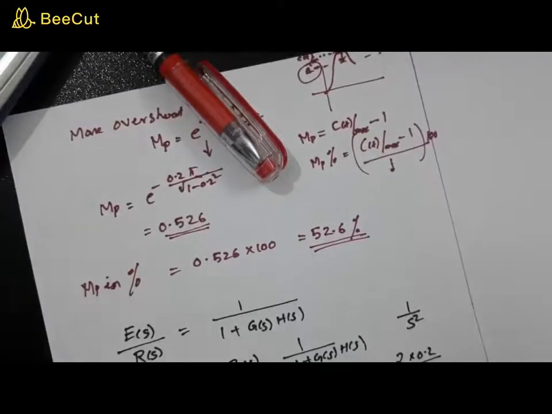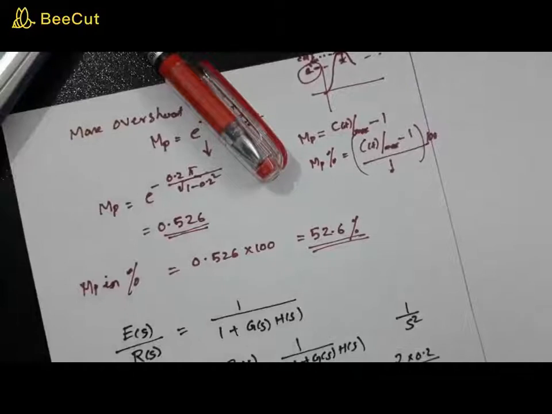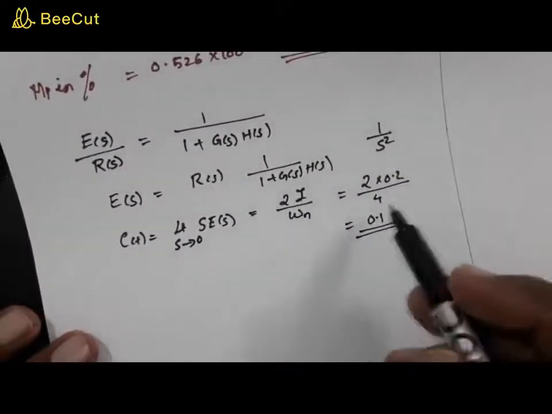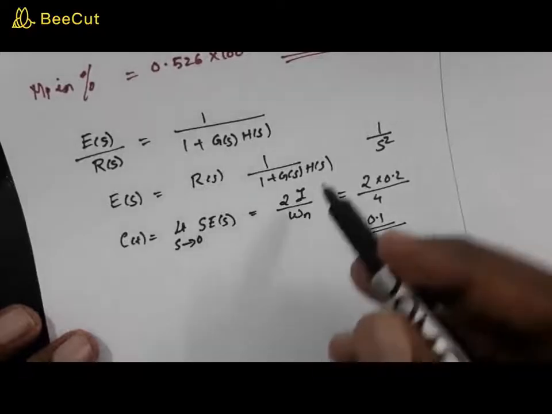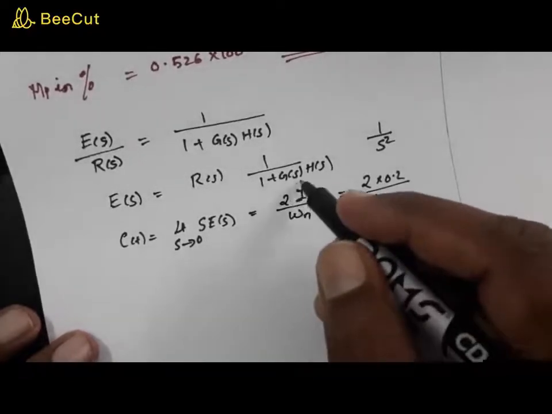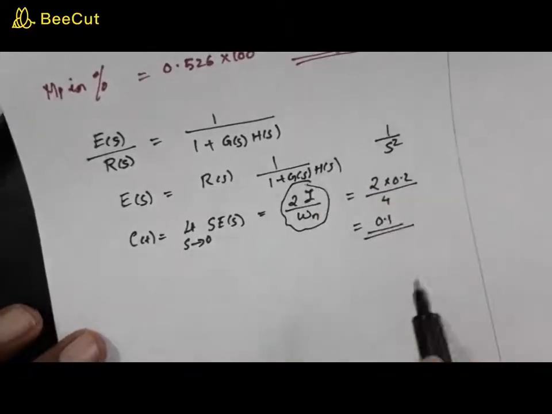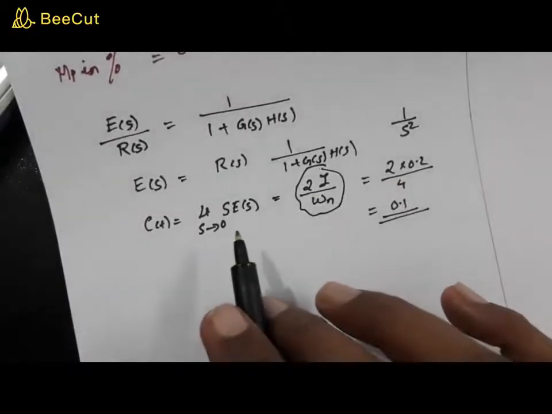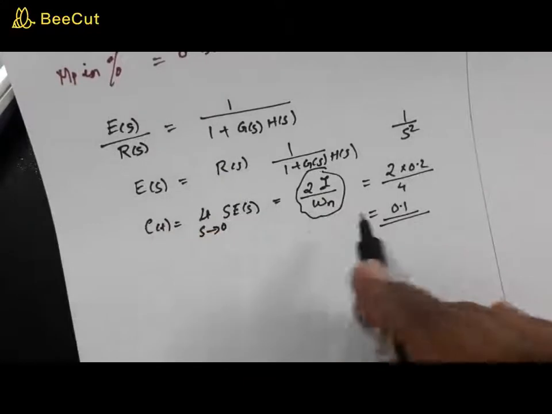So this will be equal to 0.2 divided by 2, which is equal to 0.1. So this is actually the steady state error. The steady state error is given as 2 zeta by omega n. The steady state error due to the ramp input is 0.1. Okay.